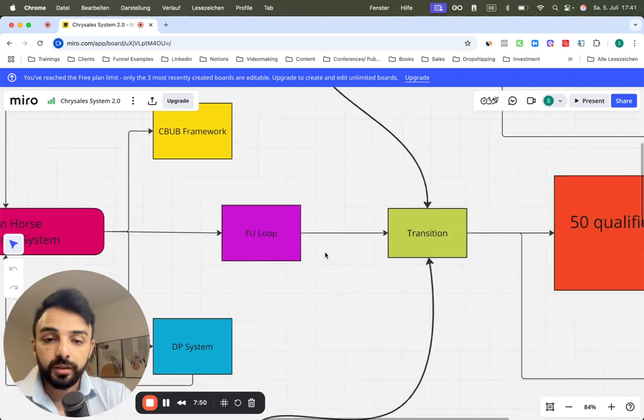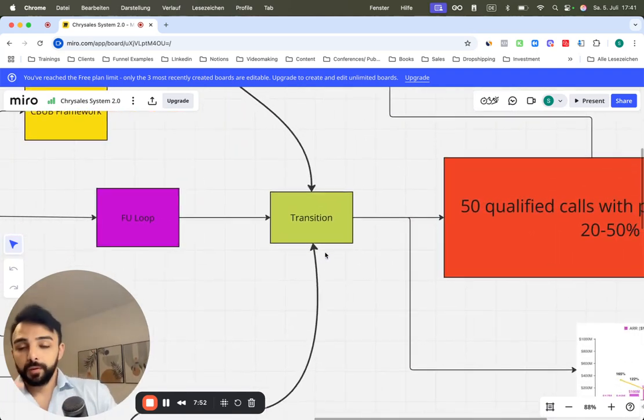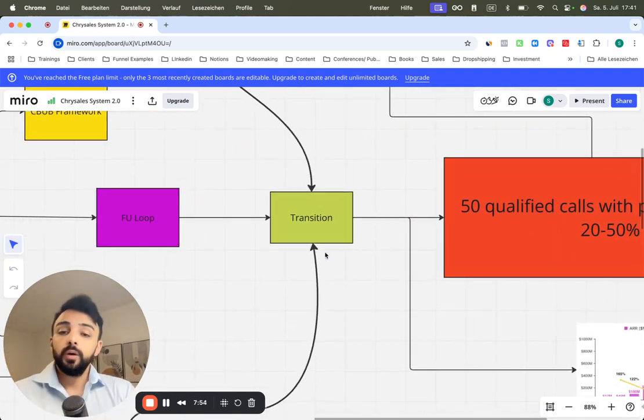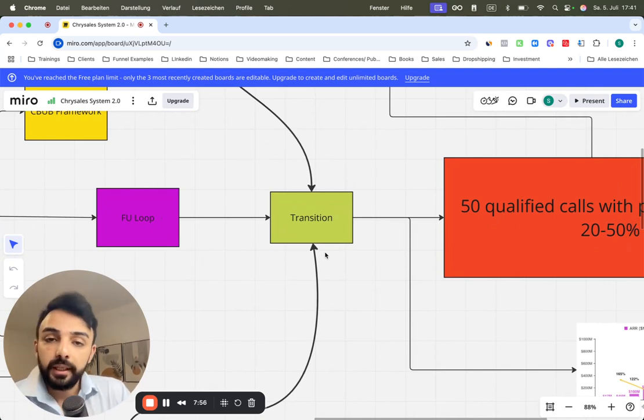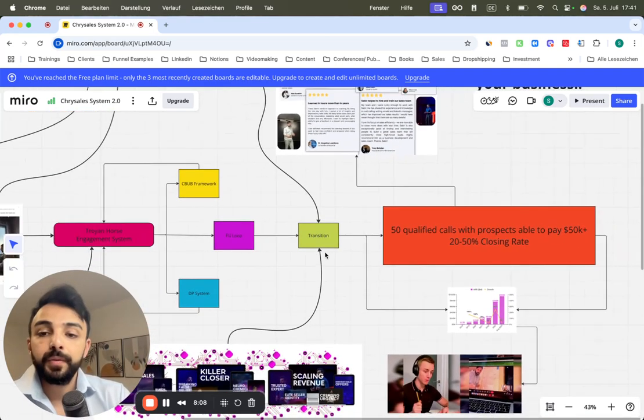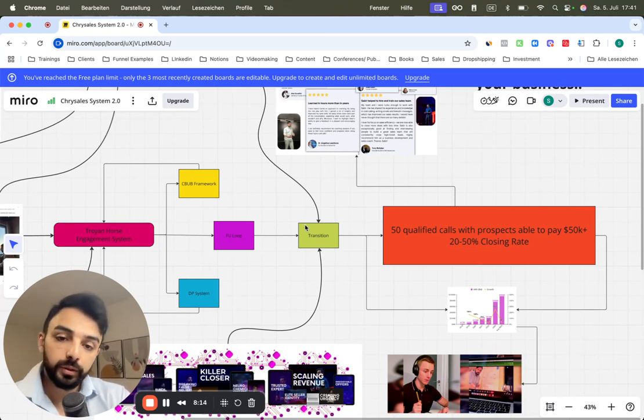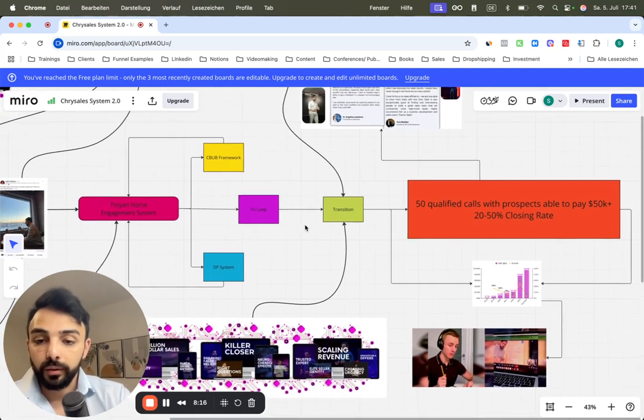Then you have a transition. Once you follow up with them, you make a transition to the meeting. In the meeting, you do your discovery, understand their pain points, and only then move to the next stage. What people usually do is skip parts like CBUB or DP, and try to go from Trojan horse to the transition directly without doing everything.